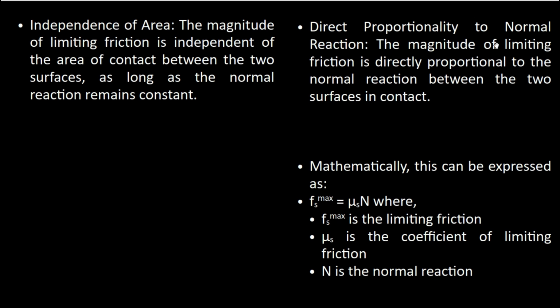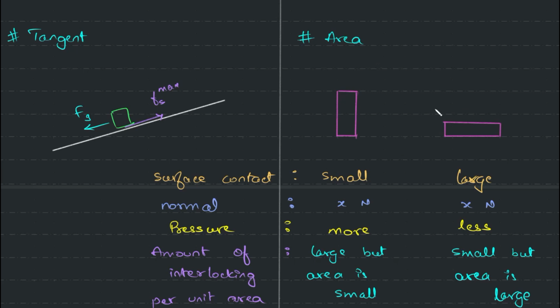Now, the magnitude of limiting friction is directly proportional to the normal reaction between the two surfaces in contact, which we have already seen. How hard you press on the surface determines how much friction plays a role. That's common sense.